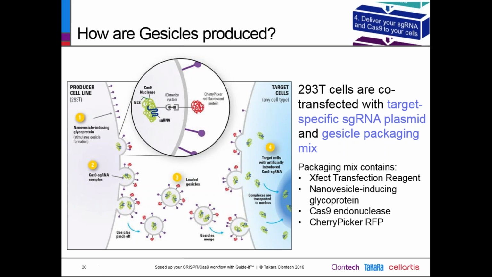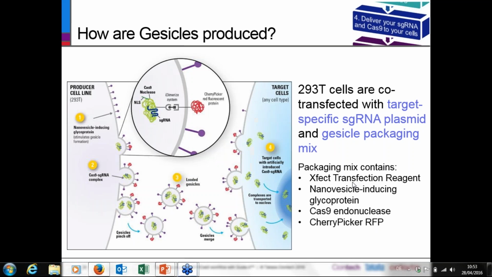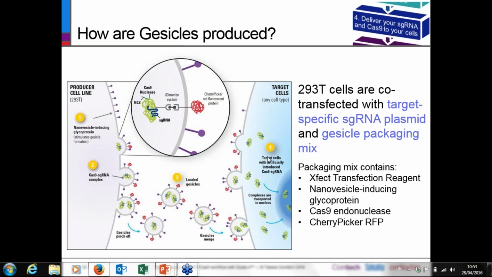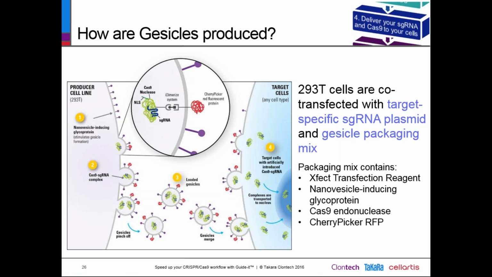And in this packaging mix there's already our exact transfection reagent, so it's a lyophilized mix. The mix also contains plasmids encoding the nanovesicle-inducing glycoprotein, plasmids encoding Cas9 endonuclease, and a plasmid encoding membrane-bound red fluorescent cherry picker protein.